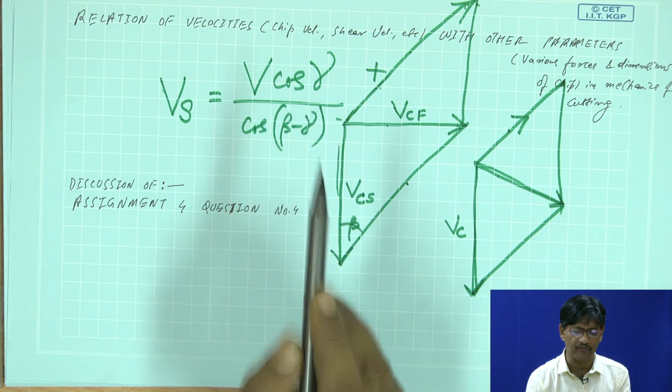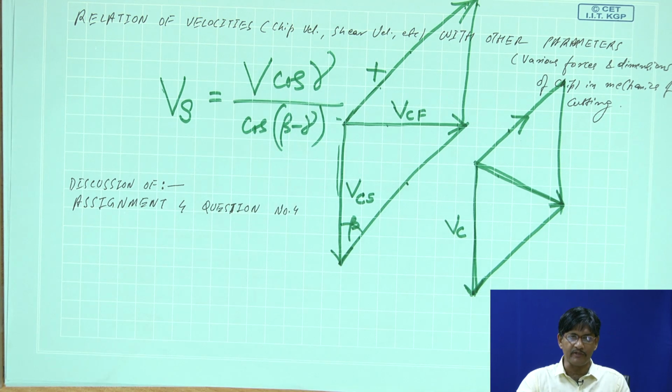Very commonly you will find orthogonal rake to vary from 0 to 10 degrees, maximum 15 degrees, and shear angle to be around 20 degrees, 25 degrees, etc. So there is every possibility that shear velocity will be higher than the cutting velocity.